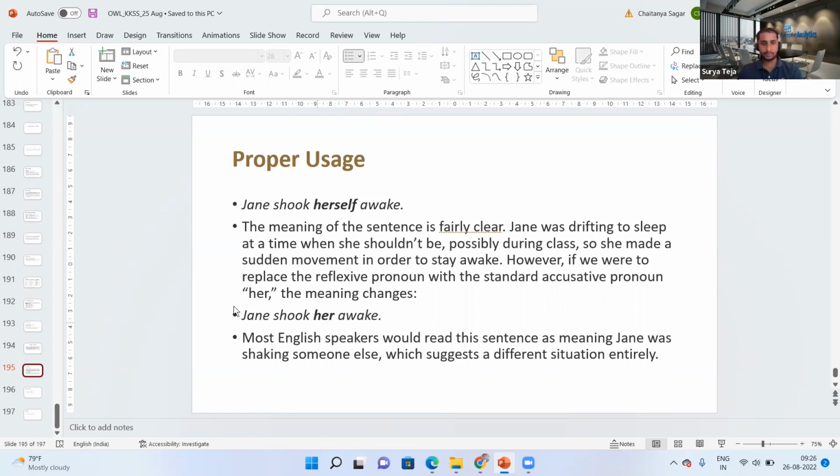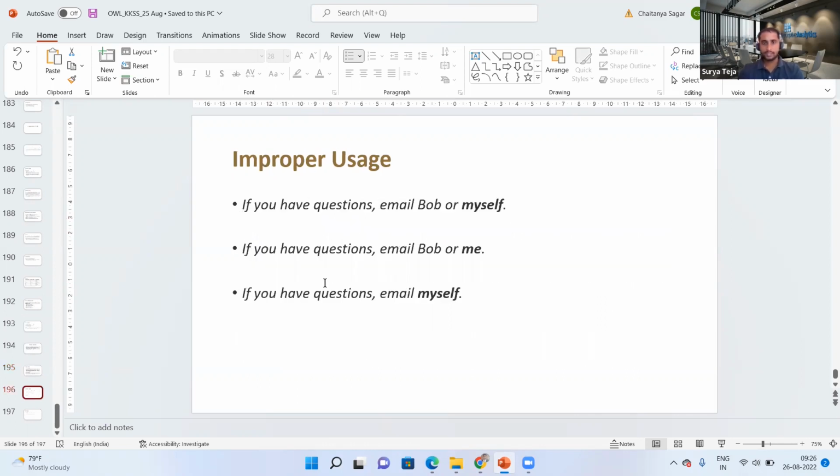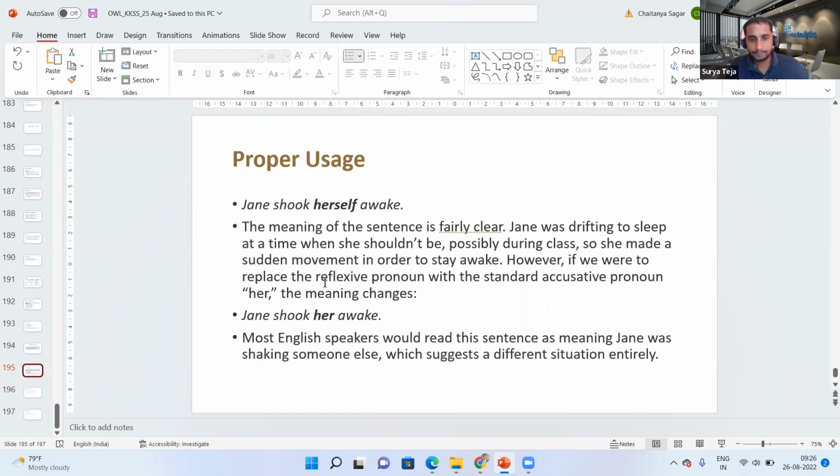It puts us in a different situation. So when the subject and object refer to the same verb, the most appropriate pronoun is the reflexive pronoun: herself, himself, ourself. That is the basic difference between these two, and we'll see what the improper usages are here.